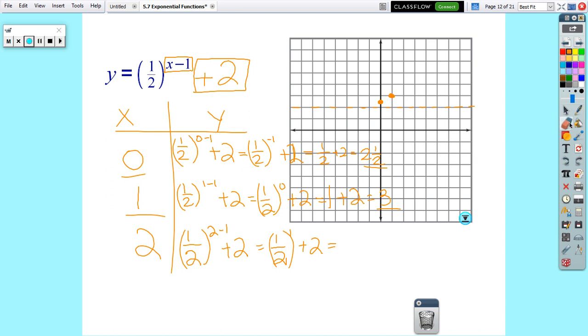Oh, good grief, I did the last one wrong. I forgot to take the reciprocal of the -1 exponent, I'm sorry. So that one would be 2 plus 2, which is 4. There we go. This one is going to be 2.5. So our point would be 2, 2.5.